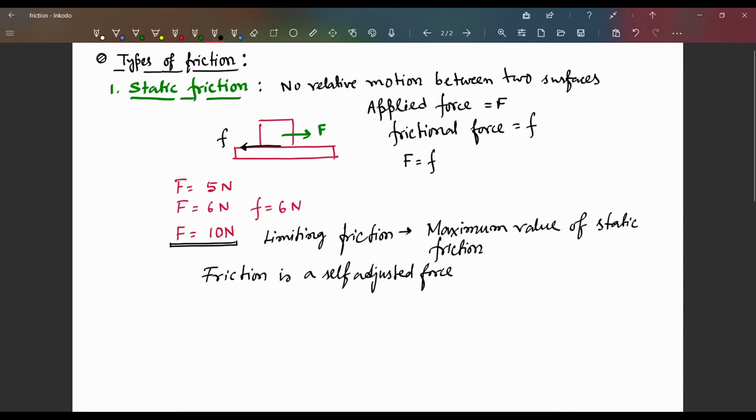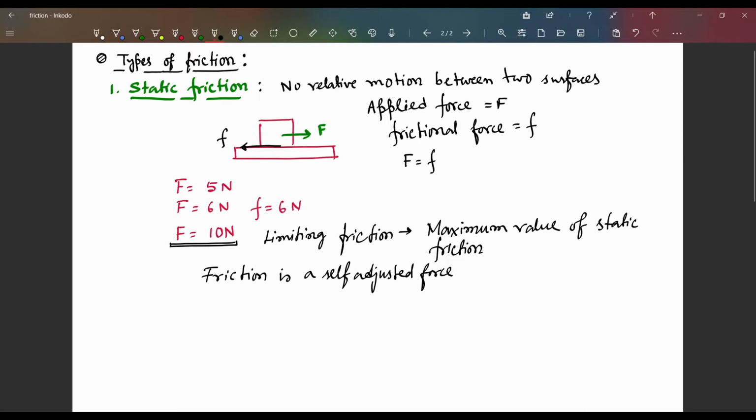So whenever there is no relative velocity and a force is applied on the body and the body tends to move or remains at rest, then the opposing force acting tangentially between two surfaces is known as static friction.